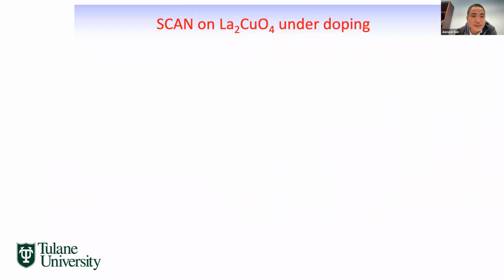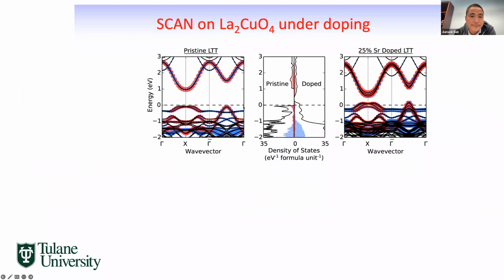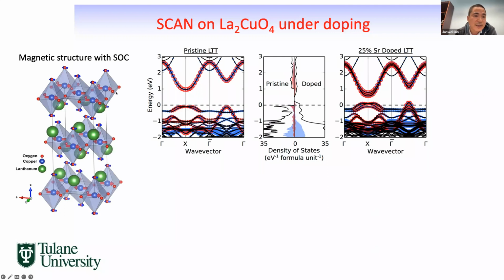So now there are more results. These are band structures for the pristine SCAN calculations. You can see that the band gap is open, and under doping it becomes a metal. Then this is a magnetic structure with spin-orbit coupling. SCAN predicts the spin direction to line up in this a direction, which is consistent with the experimental finding.